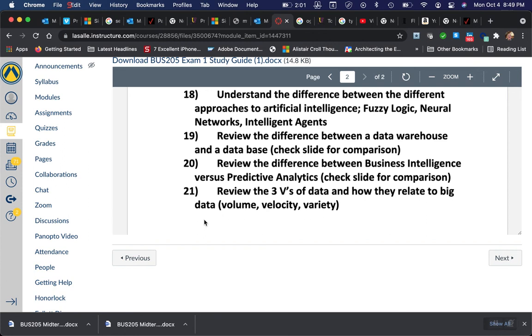And then the variety of data from different sources. So the combination of these three things drives the growth of data: larger and larger volumes, faster delivery of data, and then different sources of data.